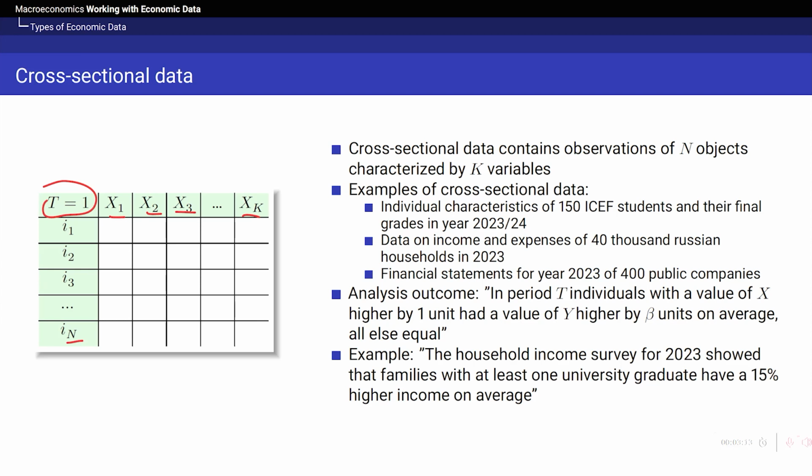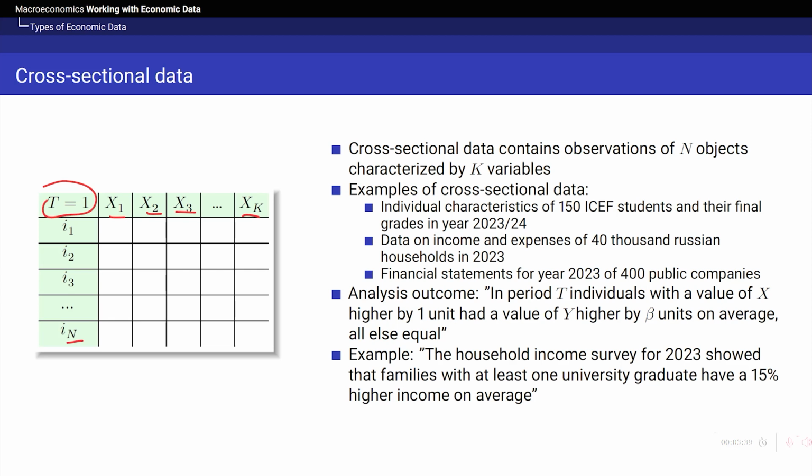Examples of such data may include age, sex, city of birth, and final grades of 150 ICEF students in 2024, data on income and expenditures on different kinds of goods and services of a sample of Russian households in a particular year, or revenue, assets, tax payments, and profits for 400 public companies in 2023.